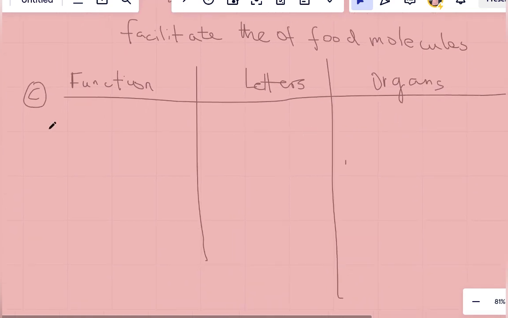So the first one is a site for starch digestion. I just write starch. Where does the digestion take place?